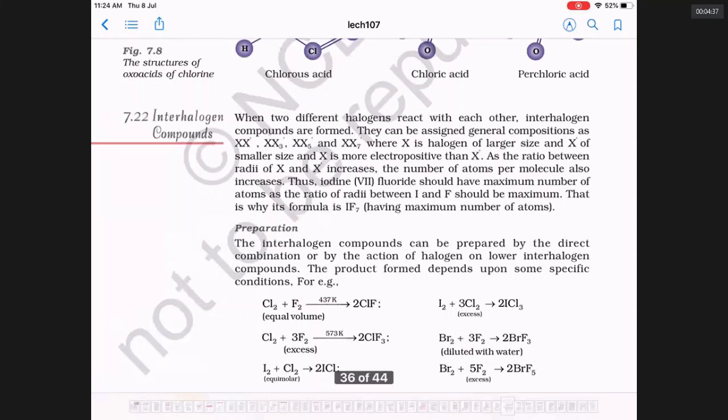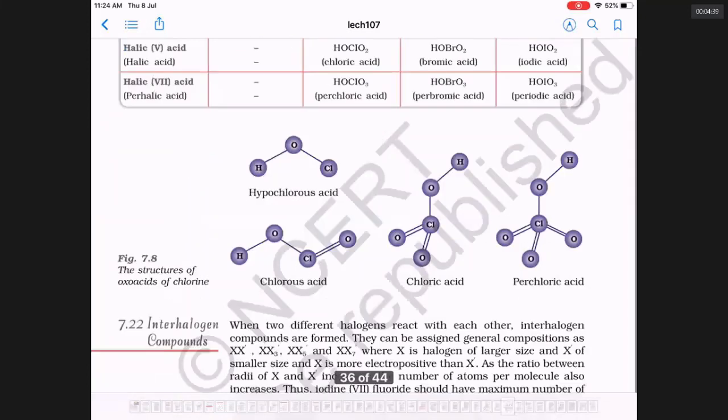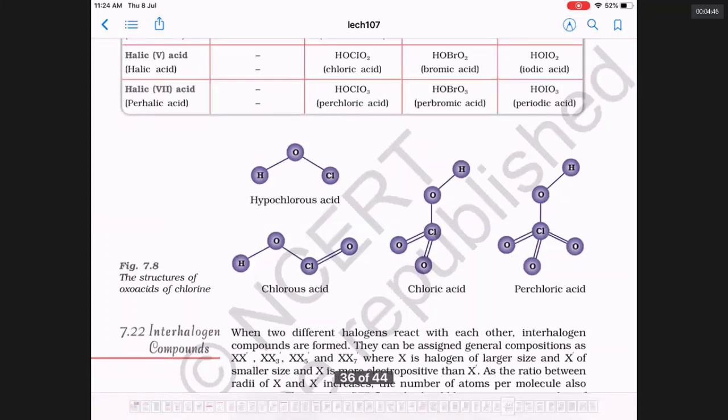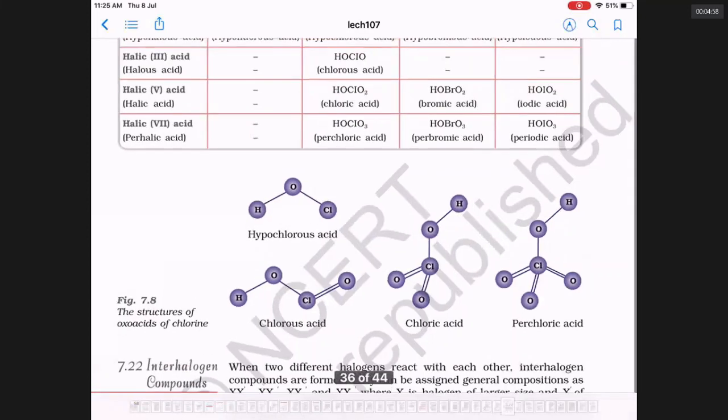Notice, fluorine will never make oxyacids because fluorine can never take a positive oxidation state. There are oxyacids of chlorine, namely HOCl hypochlorous acid, HClO2 chlorous acid, HClO3 chloric acid, HClO4 perchloric acid.